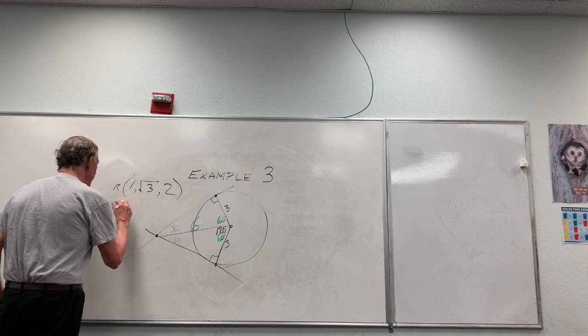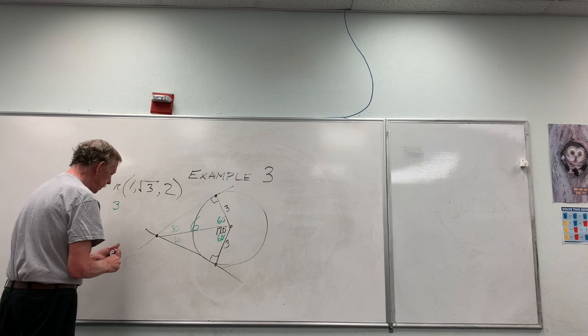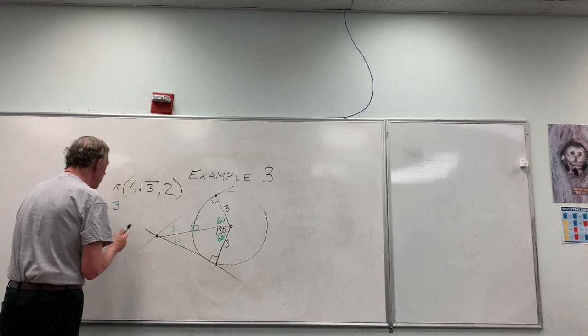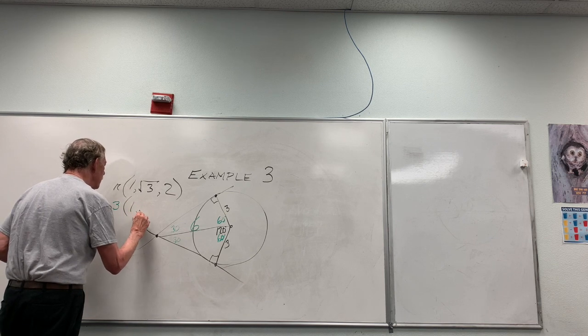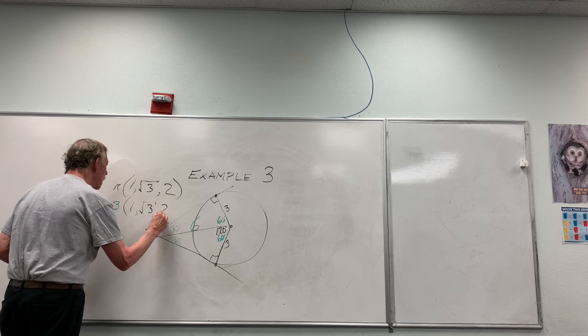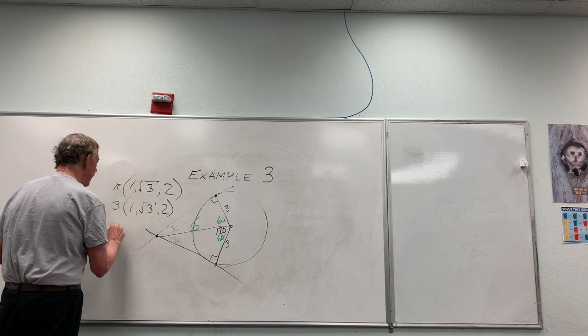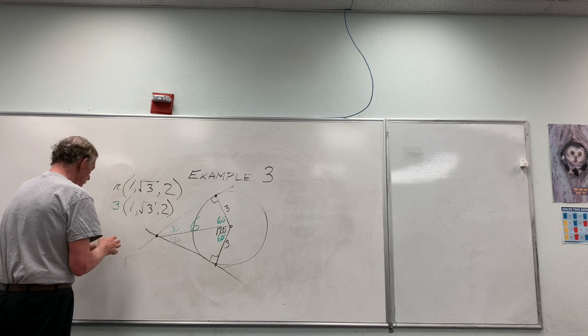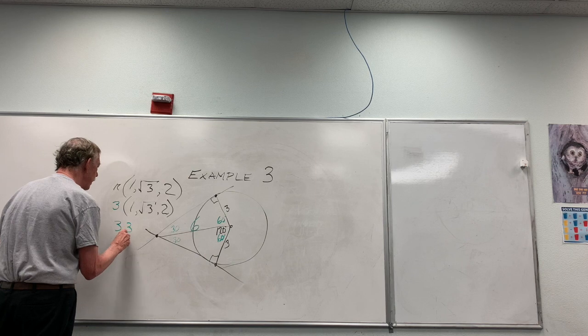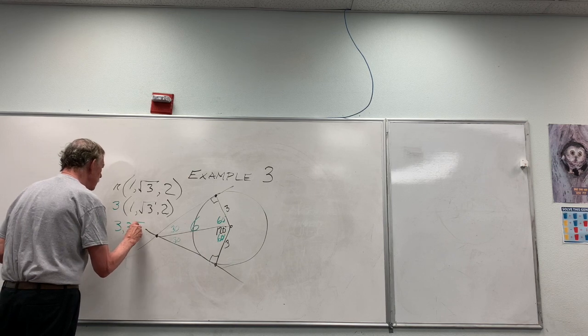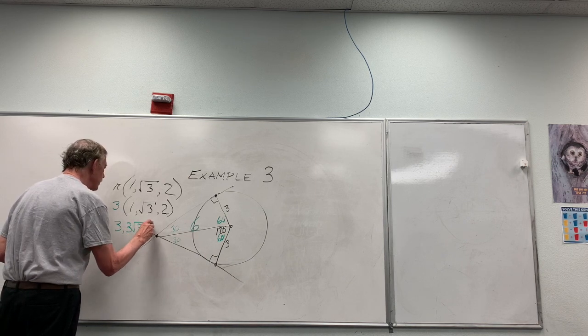When we apply that multiplier to these numbers, we get 3 times radical 3, and 6.